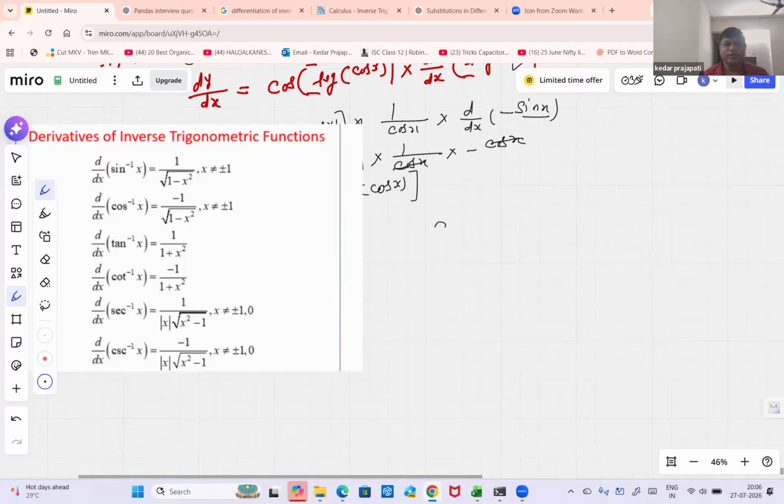So first one is sine inverse x, tan inverse x, and so I'm giving you the trick for sine, tan, and secant.